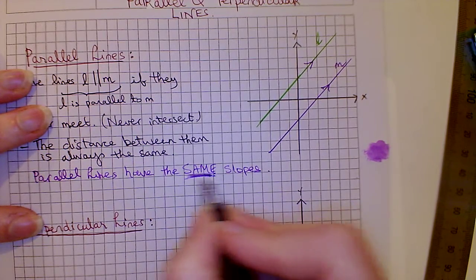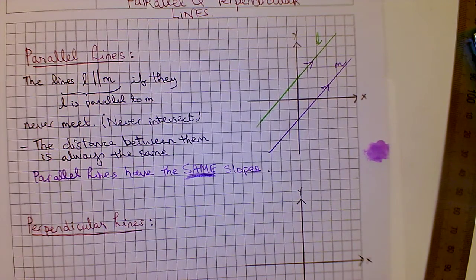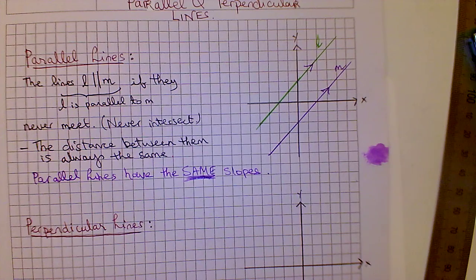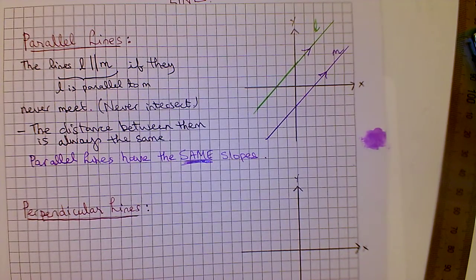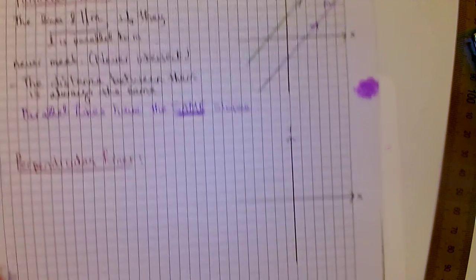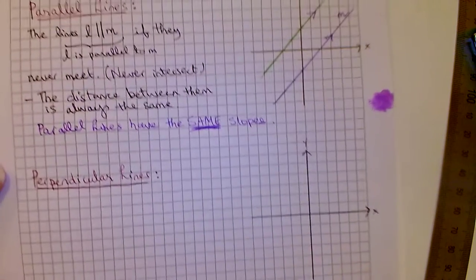That is really, really important. Okay, so if you see a question where they talk about parallel lines, that means that you're going to be working with slopes. Something similar with perpendicular lines.